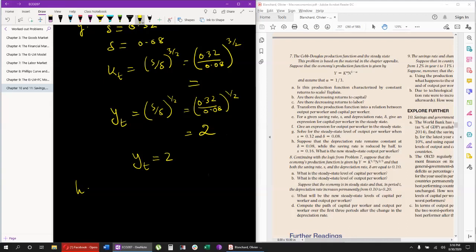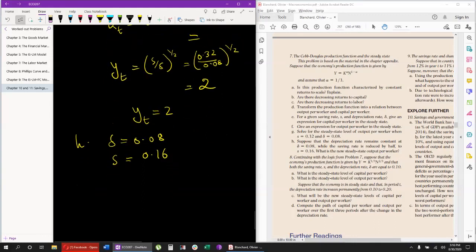Okay. So what has happened is that in the economy, there has been a change. Depreciation has stayed the same at 8%, but savings rate has halved from 32%. Now it's just 16%. And the question is, what is the new steady state output per worker? Same calculation. y_t is equal to (s by delta) to the power half.